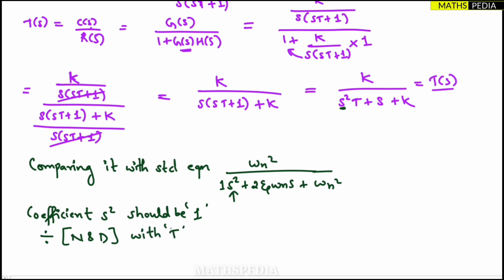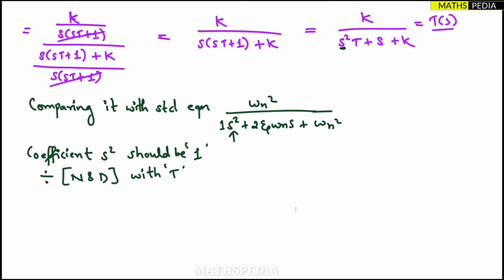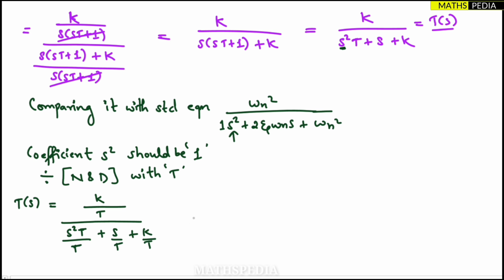When I divide it, I'll be getting some equation, so we try to analyze that also. Everything should be divided, so the transfer function becomes k divided by t, whole divided by s square t by t plus s by t plus k by t. Now t and t get cancelled, so this will be our final thing: k by t divided by s square plus s by t plus k by t.